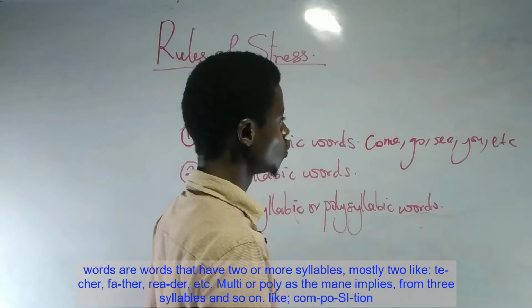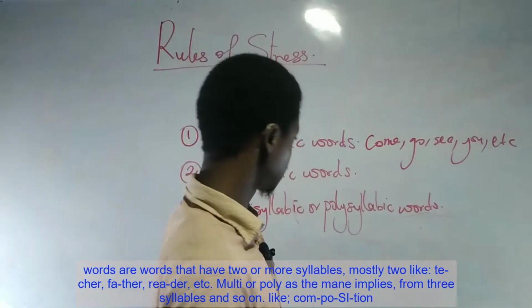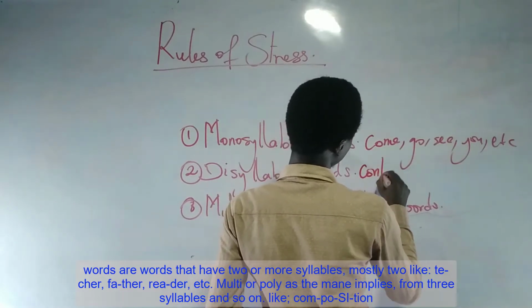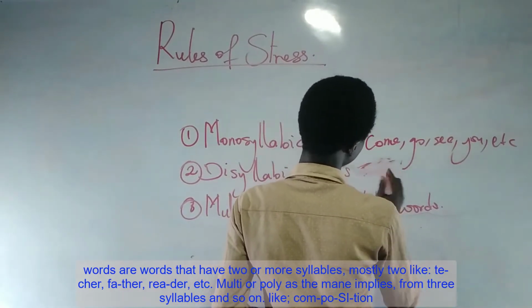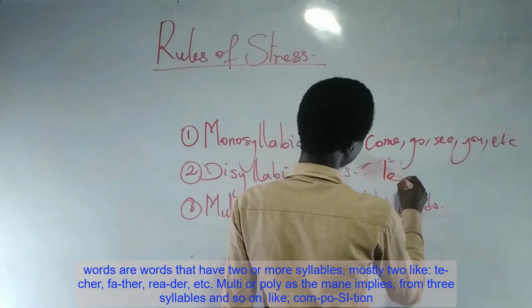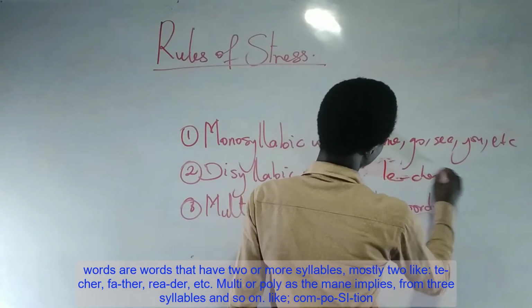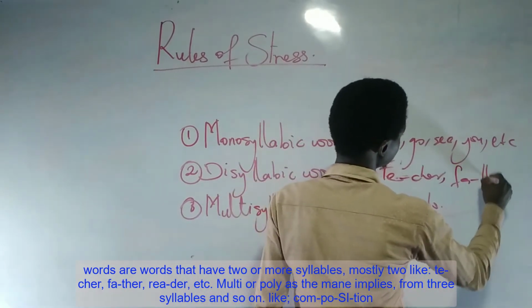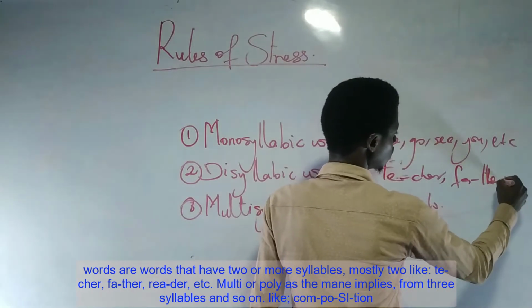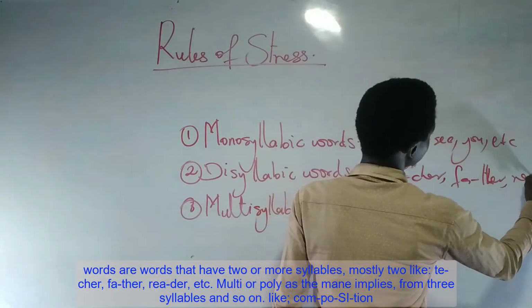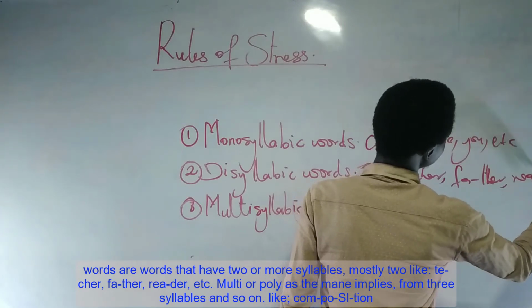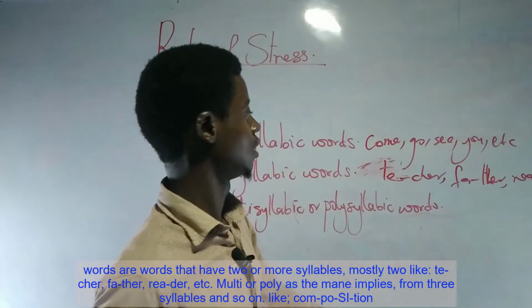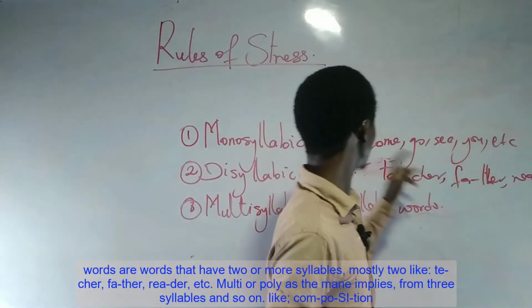Now, disyllabic words have two syllables, like teacher, 1, 2; father, 1, 2; reader, 1, 2. So you see that 1, 2, 1, 2, 1, 2, and just 1, 1, 1.